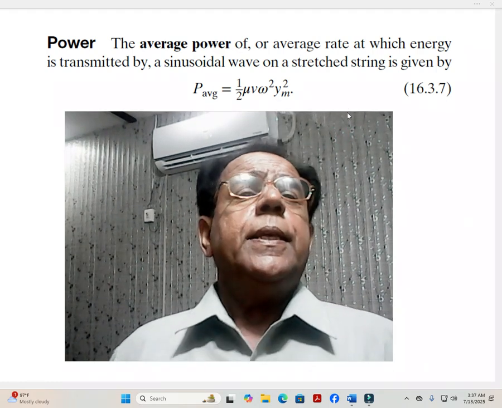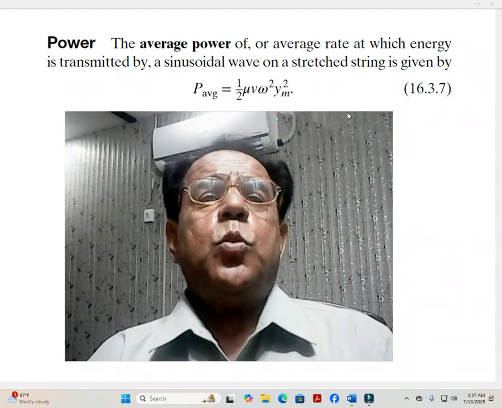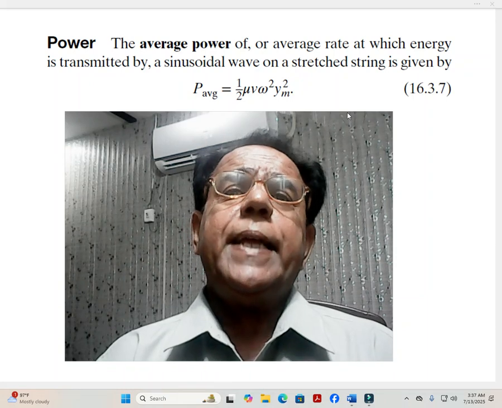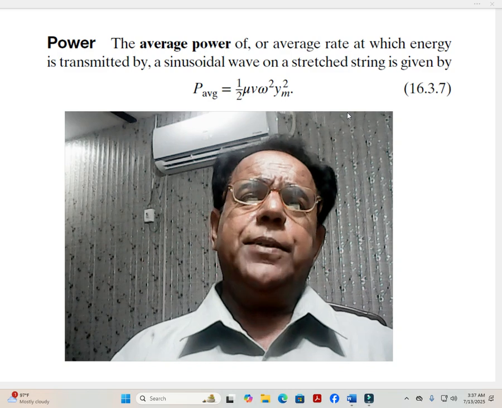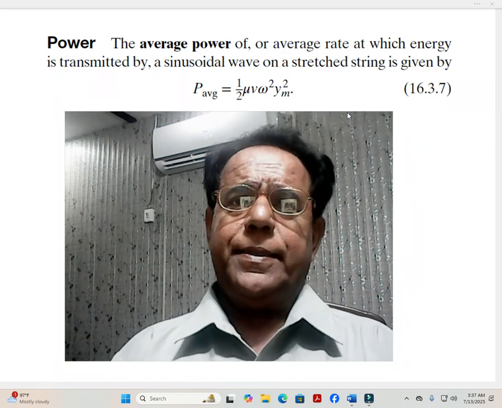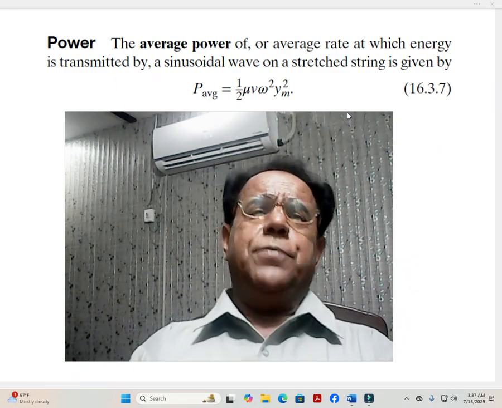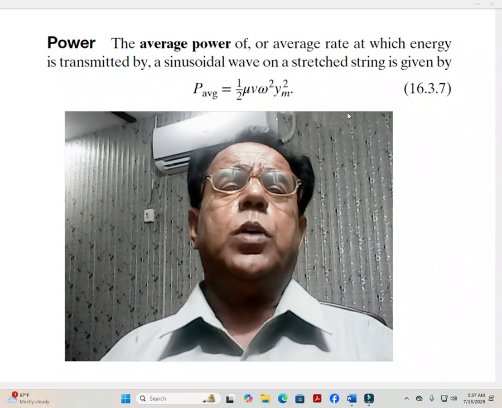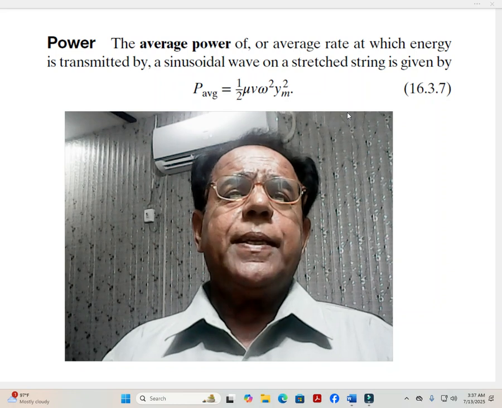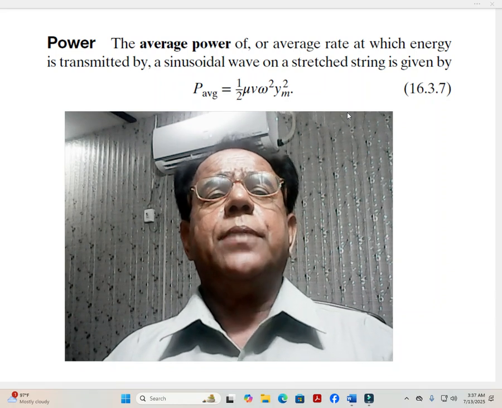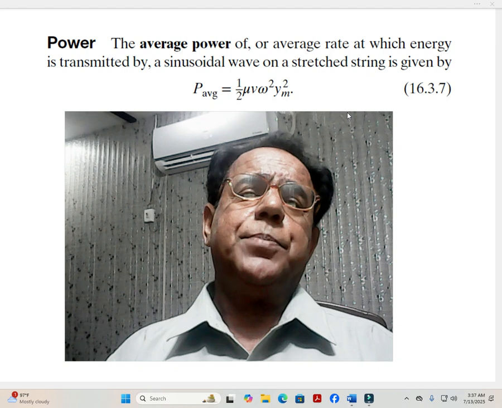The average power, or average rate at which energy is transmitted by a sinusoidal wave on a stretched string, is given by P average equal to half mu v omega square y_m square, where m is a subscript of y.